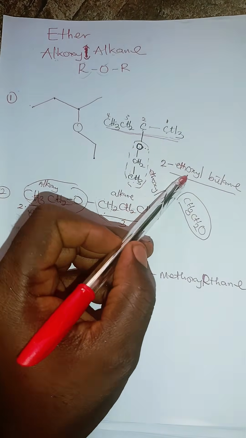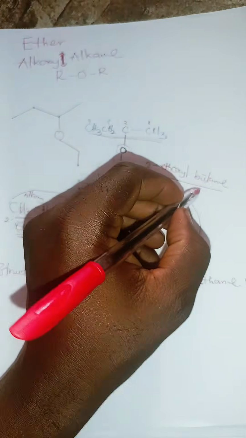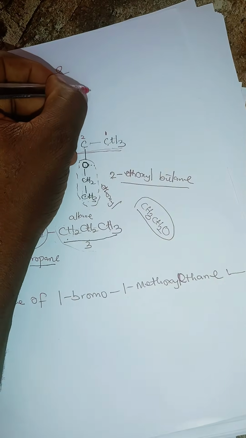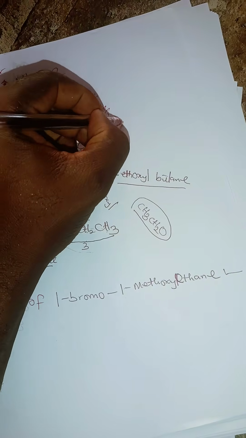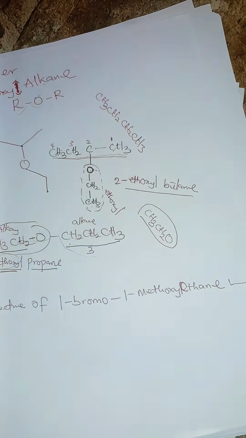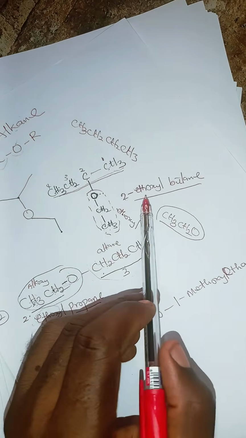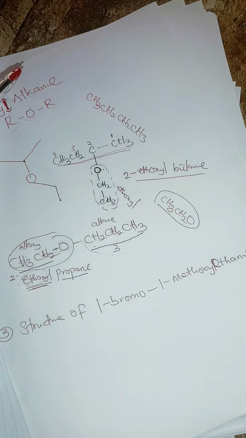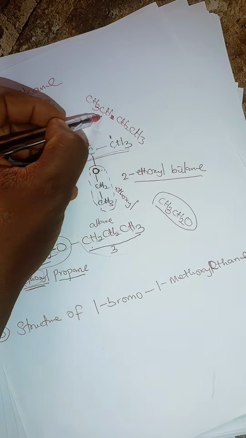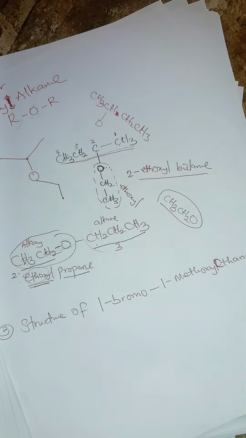That's why we call it 2-ethoxybutane. So if I write a butane, which is CH3, CH2, CH2, CH3, then they said 2-ethoxy, position number 2. That's the meaning. And this one will not be there again. Then that's an ethoxy. Simple.